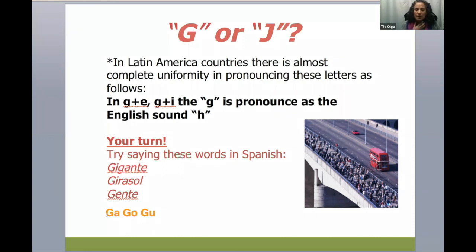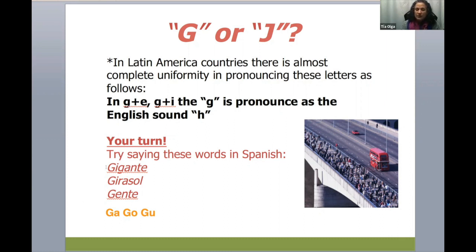We pronounce it like the cat. Ga, go, gu, instead of he, he.